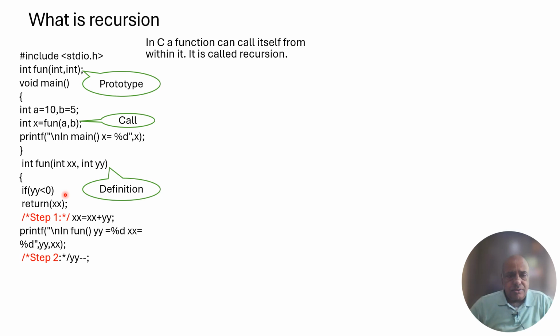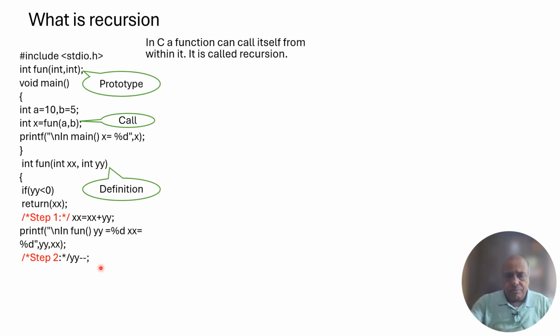In recursion, the function will not return unless we give a condition where we force the function to return and stop the recursion or stop the iterations of the function.